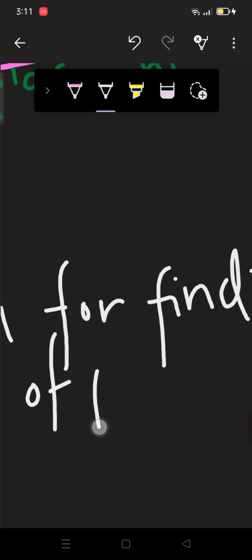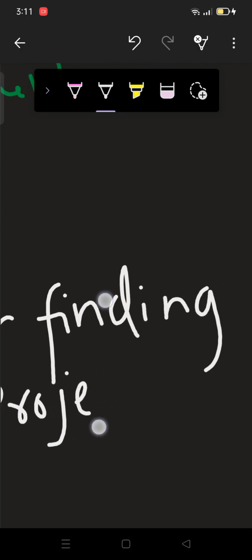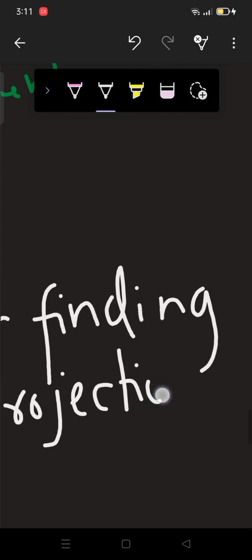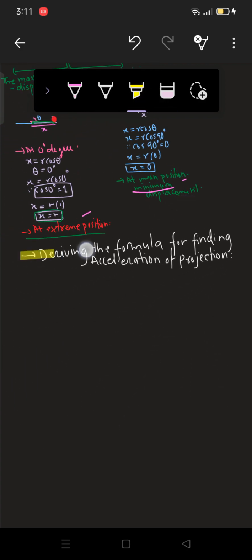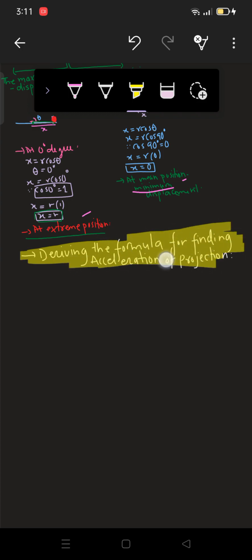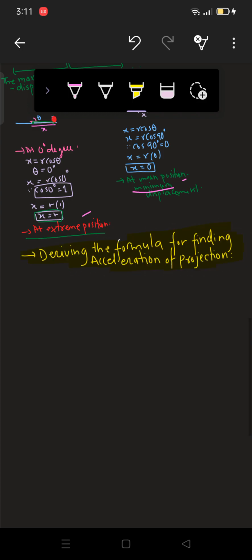Of course the particle or projection. You must write projection here, right? Today we are going to derive the formula for finding the acceleration of a projection of a particle, right?